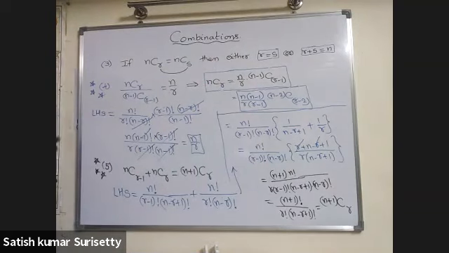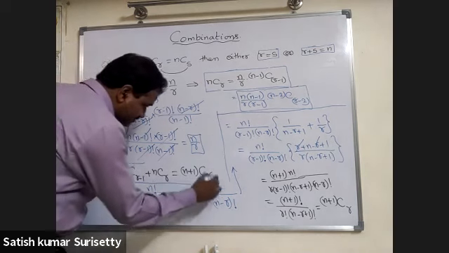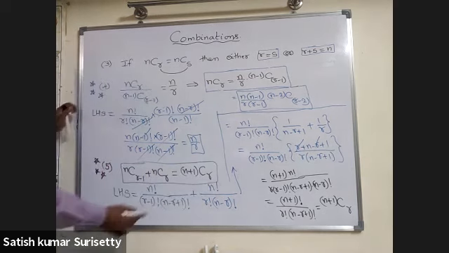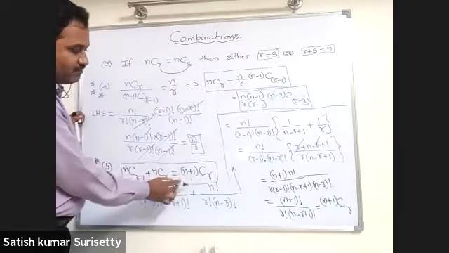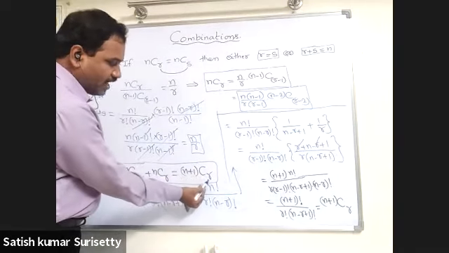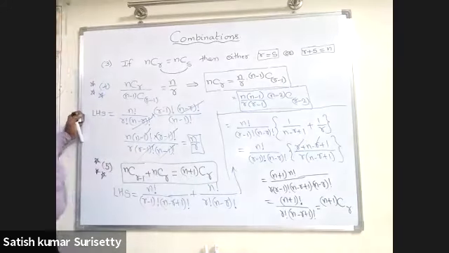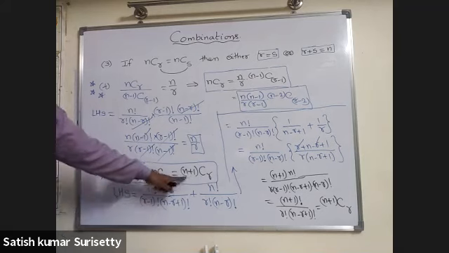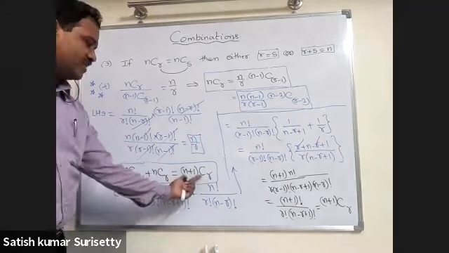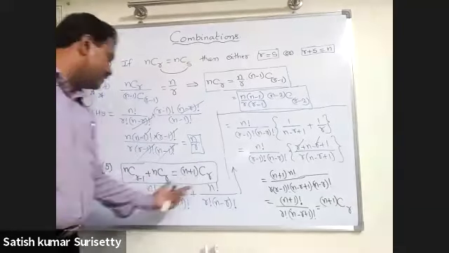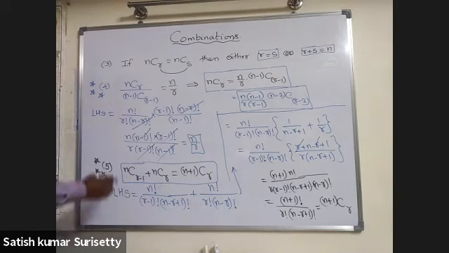Now theoretically also we can have an explanation for this. The right side, (n plus 1)Cr, corresponds to the number of ways of selecting r objects from n plus 1 distinct objects. That we are splitting into two parts.